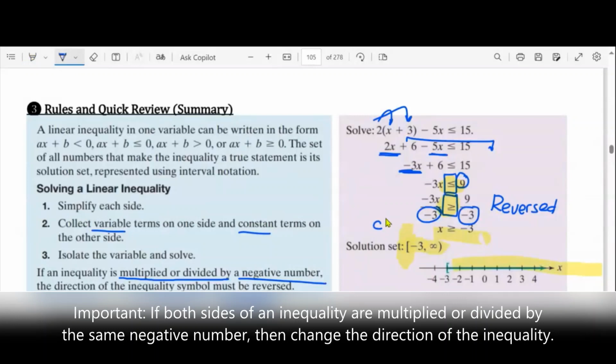Closed. Why closed? Because you have equal here. What is that called? Brackets. If we divide minus by minus, could we also reverse the sign?